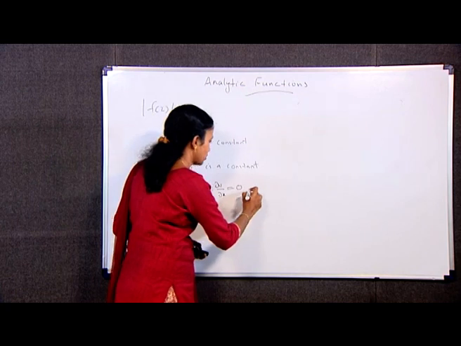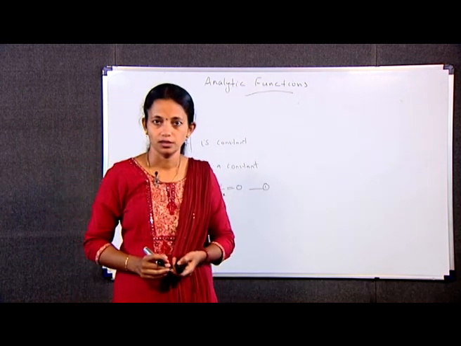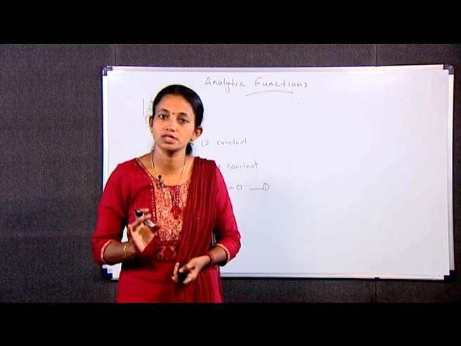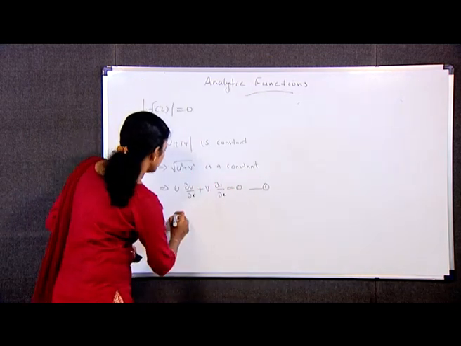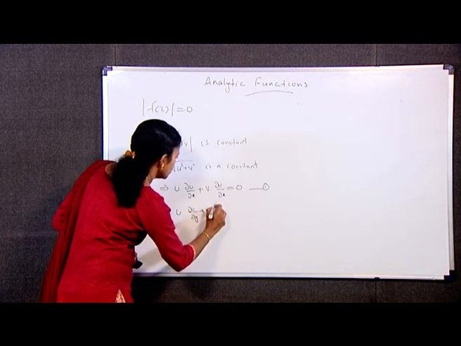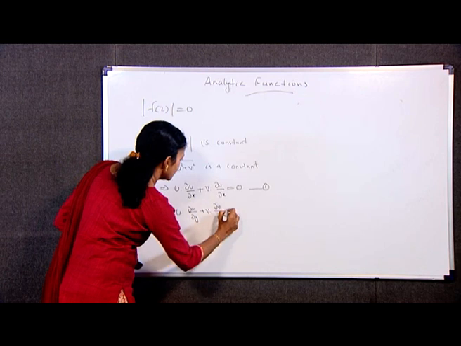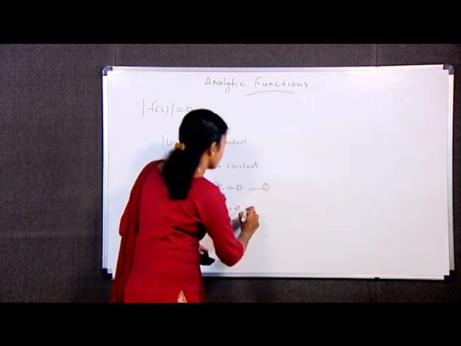This is our equation number 1. Also differentiating u square plus v square is equal to c partially with respect to y, we get u into dou u by dou y plus v into dou v by dou y is again equal to 0. This is our equation number 2.